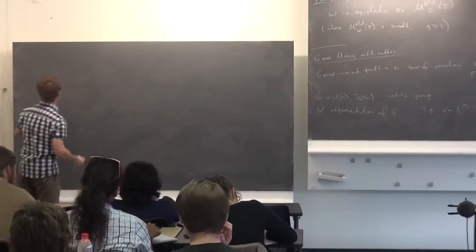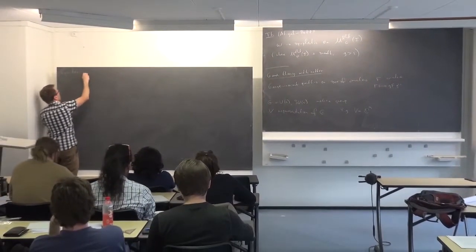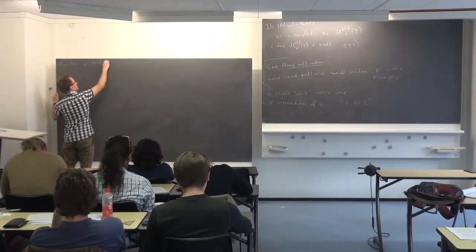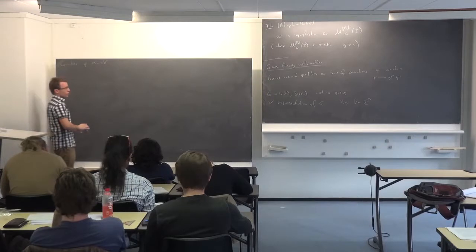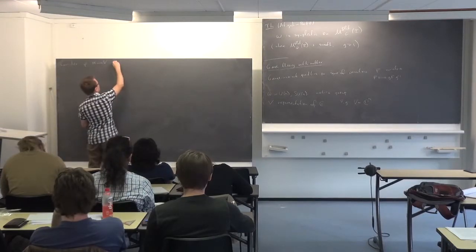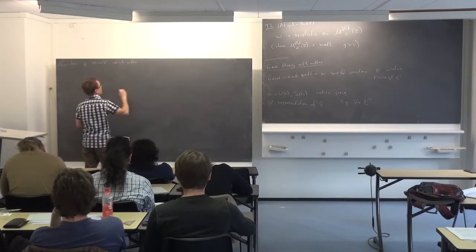And now I'm going to consider some map from the manifold into V, which under gauge transformations will not be preserved, but will change in the following way.